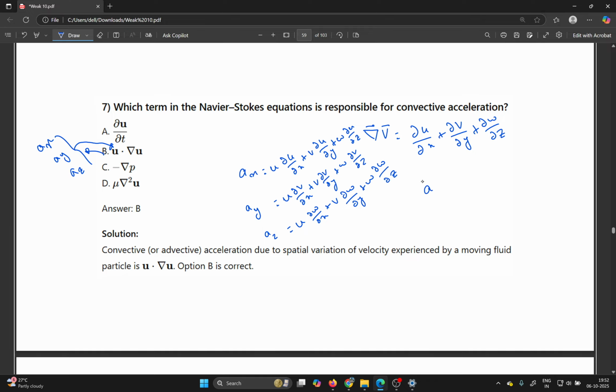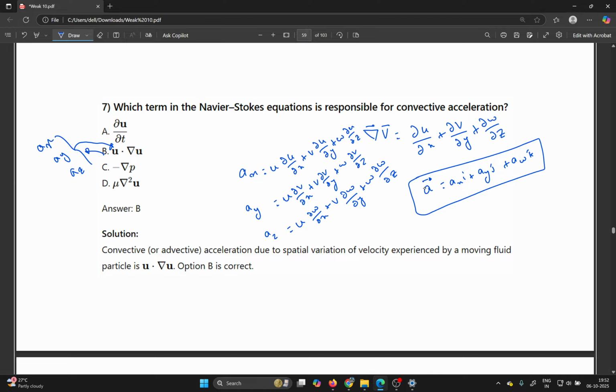Means for your acceleration, you have these three terms: ax, ay and az. So these three you have in hand.